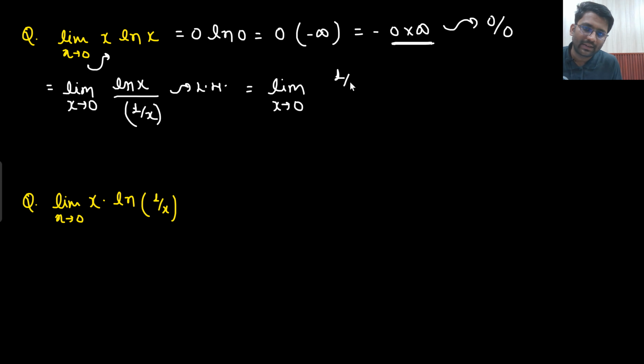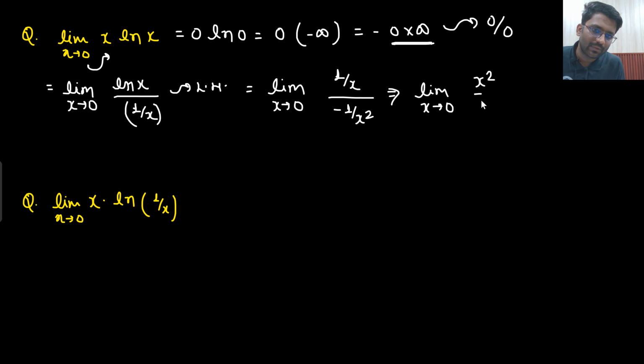So ln x will be 1 by x, and this will be minus 1 by x square. So this x square goes upward, divided by x, minus sign is there. Limit x tending to 0. Put x tending to 0 here. What is the answer? 0 you are getting.